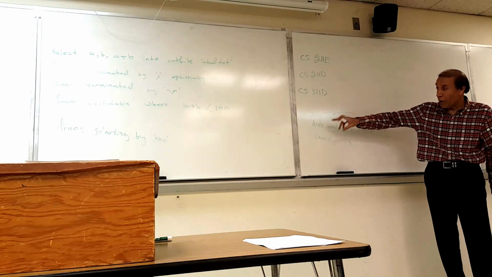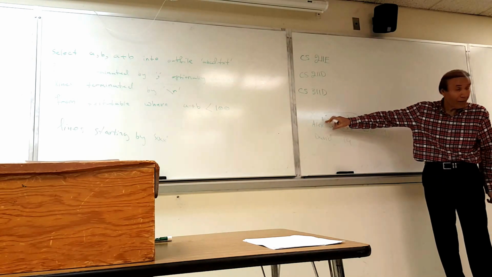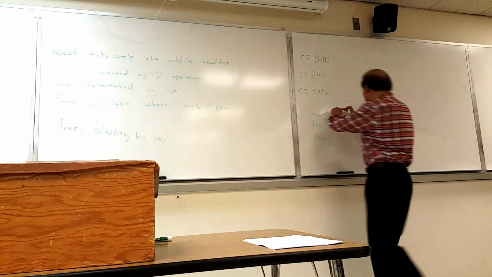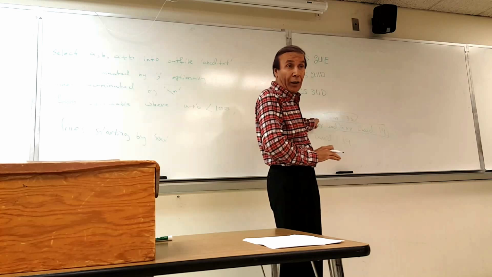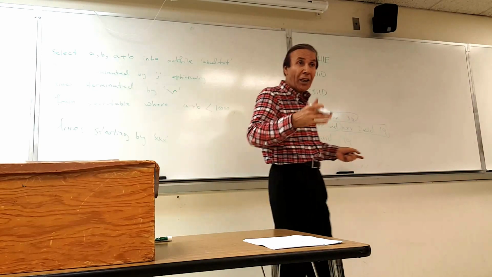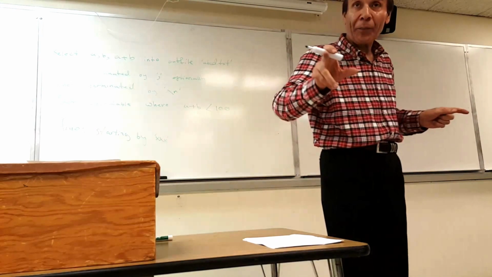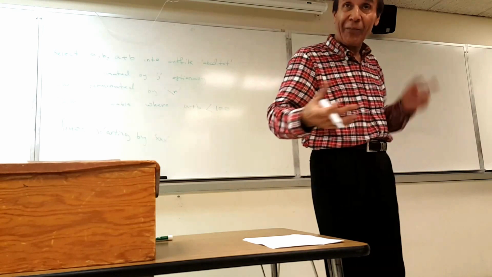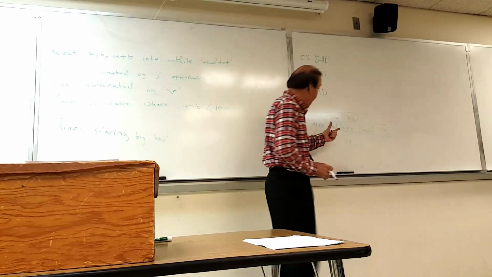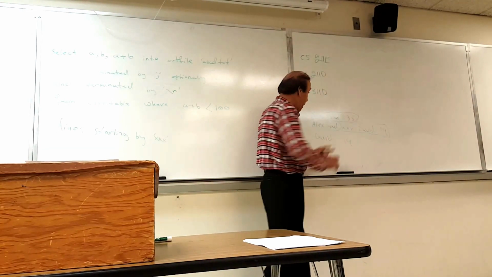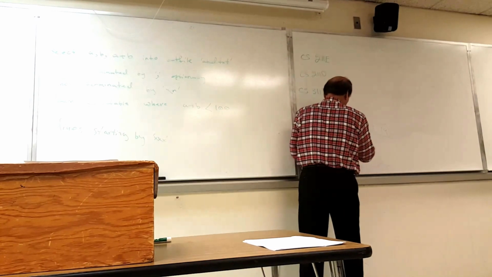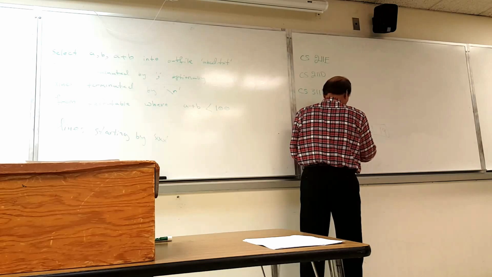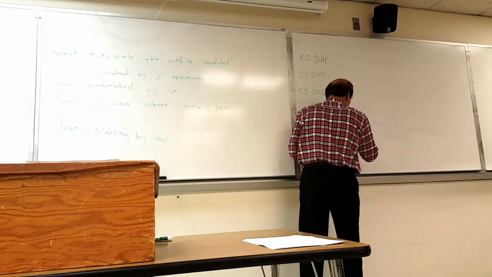So lines started by XXX means this, but only this part of it, because XXX will not be part of your record, okay? You're using it just as the pointer, as a selector, okay? And in this case, the system totally ignores this, and this is your actual record, okay?